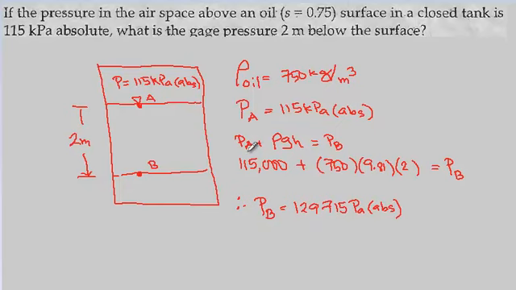If we use PA to be absolute, then the PB we measure should also be absolute. But we're really looking for the gauge pressure at PB.